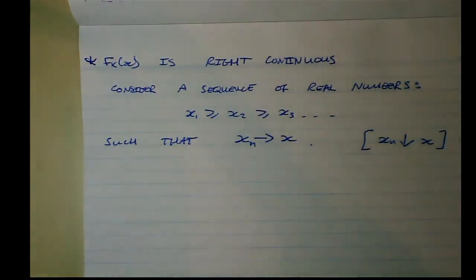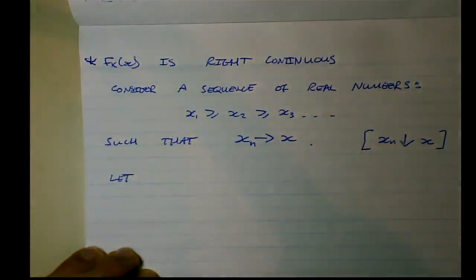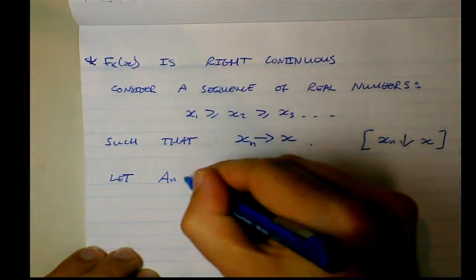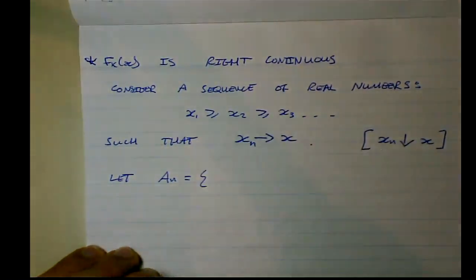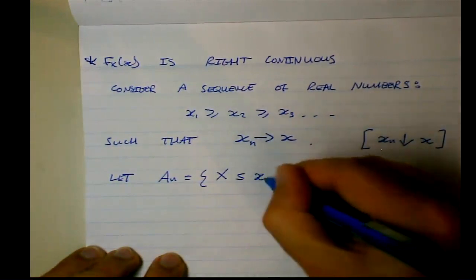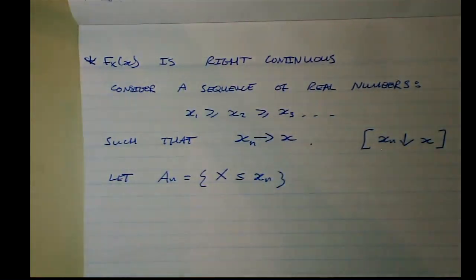Let's use this sequence of real numbers now to define an event. We let A_n be the event that X is smaller than x_n.